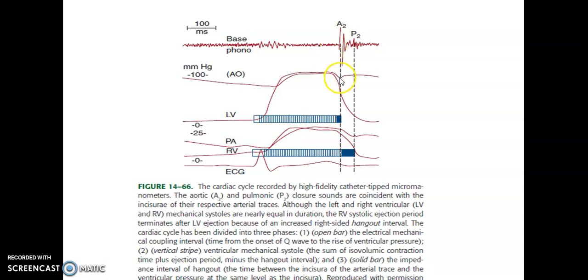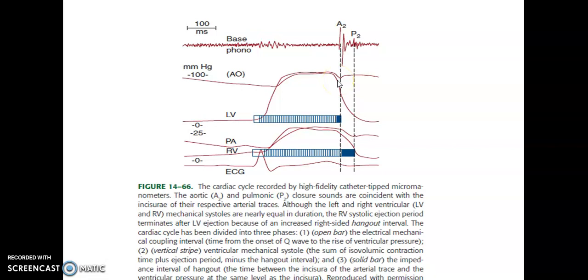This is the incisura, the notch where the A2 occurs. At the level of the incisura, you measure the duration from ear to ear. This is the dark shown area. So this is the hangout interval.